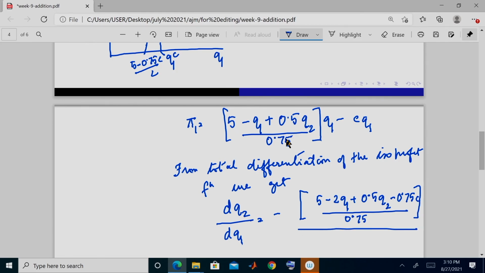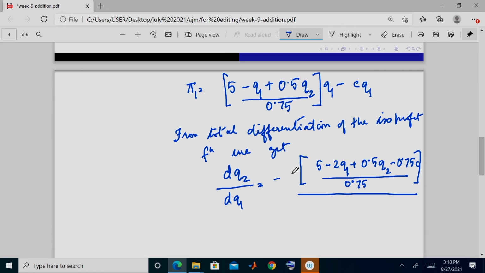And here this portion will be simply this.